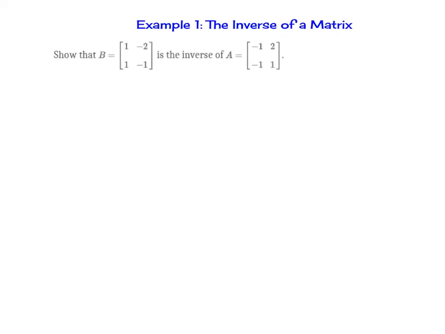So we're going to find the inverse of a matrix. Show that B is the inverse of A. What we're going to do is say A times B should equal the identity, and that's the same as B times A. So first we multiply A times B. We'll set it up, with B as 1, negative 2, 1, negative 1.